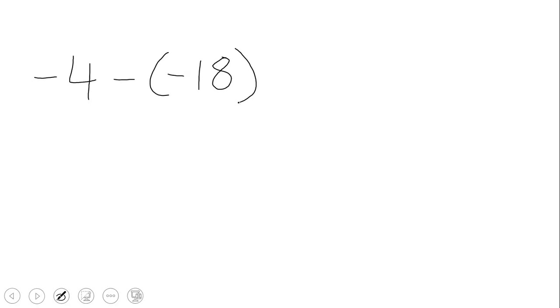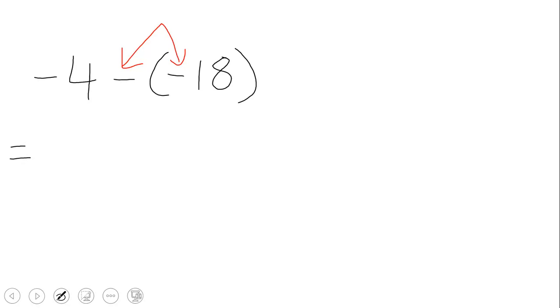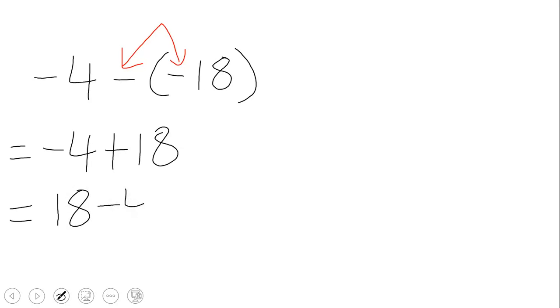Indeed, a negative times a negative is positive. So we have -4 plus 18. Now, this is equal to 18 minus 4. And what is 18 minus 4?